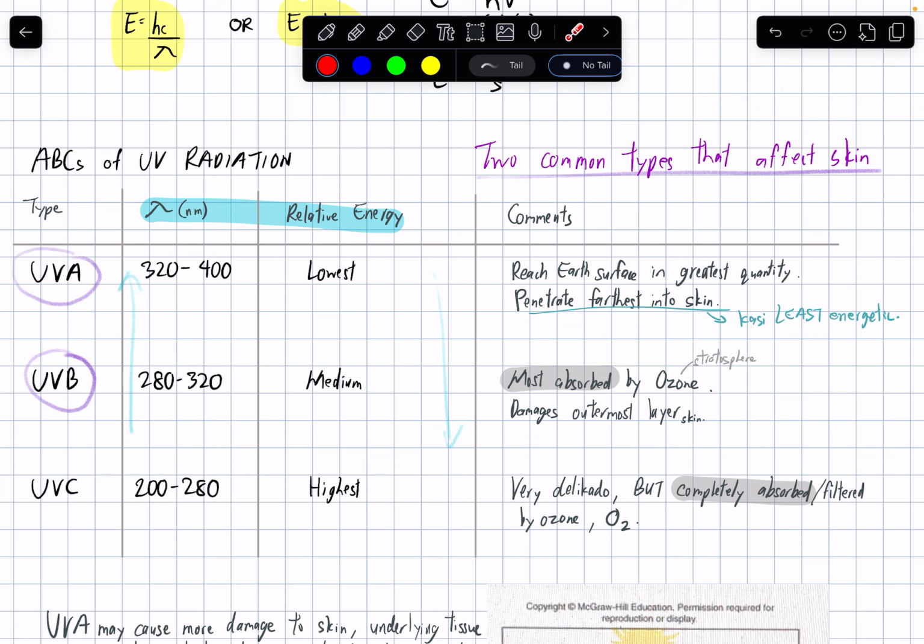But essentially, it is the most dangerous kind of radiation out of everyone else. It has the highest relative energy, the lowest wavelength range, only 200 to 280. It's very dangerous, but it's completely absorbed or filtered by the ozone and oxygen. So as long as there's an ozone that's working, that has a fair amount of concentration, we're not supposed to worry about UVC.